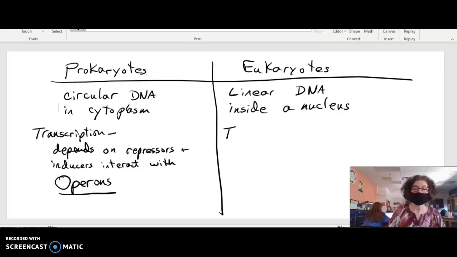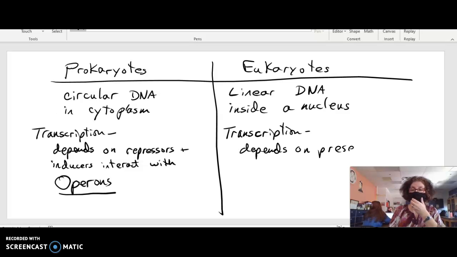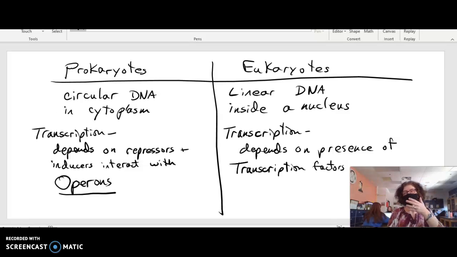And over here with the eukaryotes, it's a very different thing. Transcription over here in eukaryotes depends on presence of transcription factors. Remember those? Transcription factors, which are usually small organic molecules, often proteins, right?